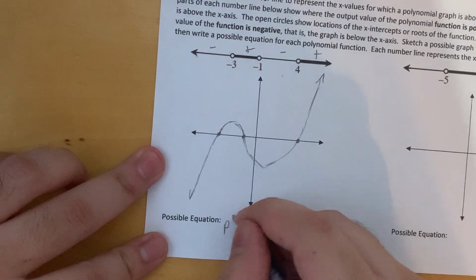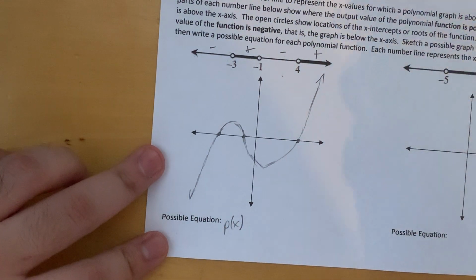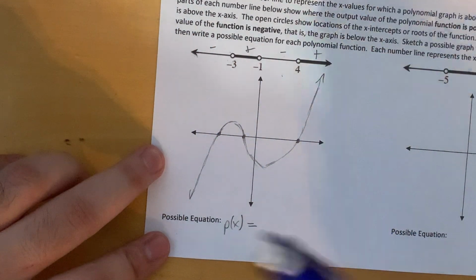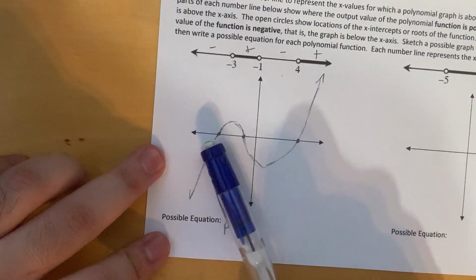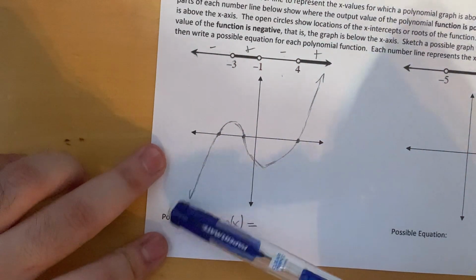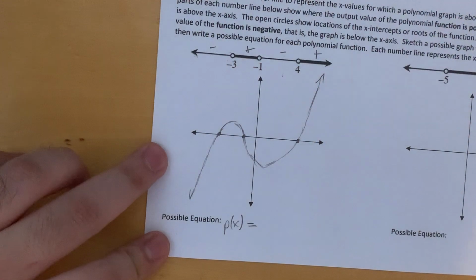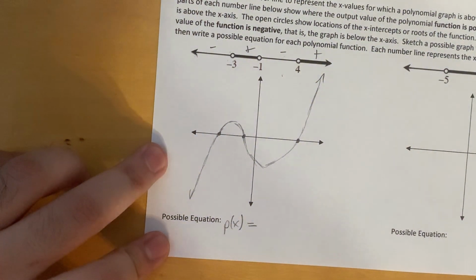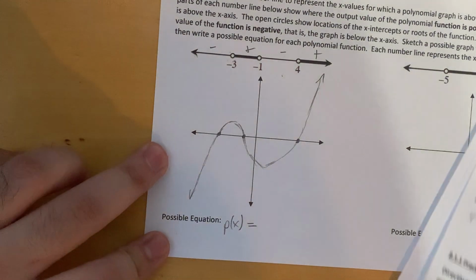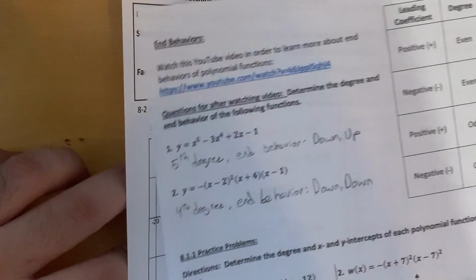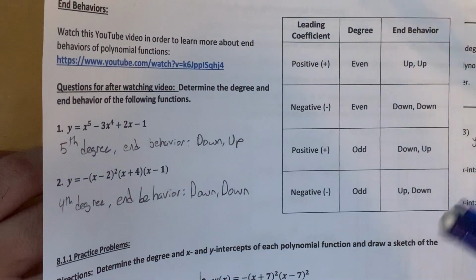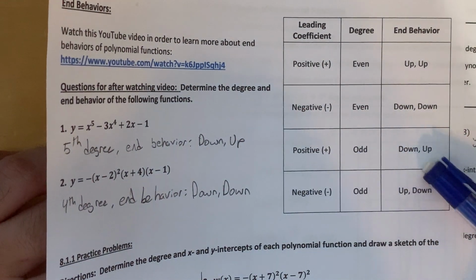So now how can we create a function? So I'm going to write p of x. You can use whatever, q, s, t, v, w, doesn't matter. But first we have to figure out, is the leading coefficient negative or positive? It's odd, but it starts from down, goes up. So if we bring back that page where we figured out whether its leading coefficient is positive or negative, right here, right? So it's odd, it goes from down up. So it's right there. It's positive.